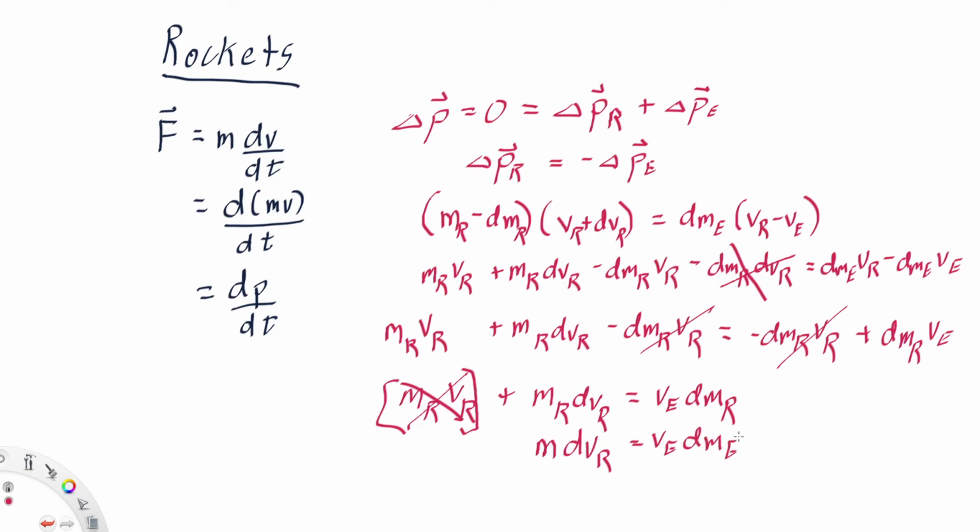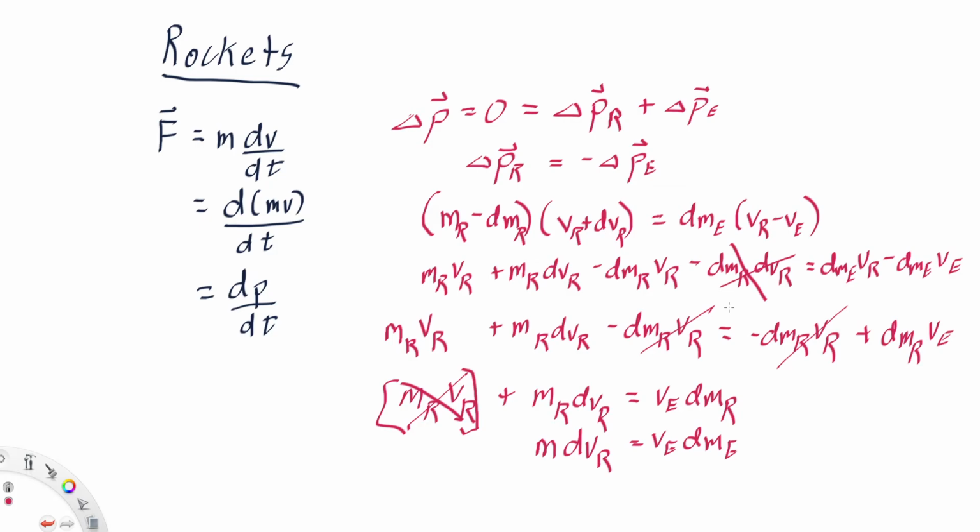So the change in the momentum of the rocket is equal to the change in momentum of the exhaust. I mean, that's what we started with, but this gives us some power because we're getting toward something nice here.